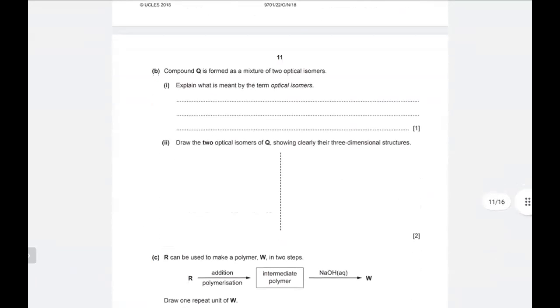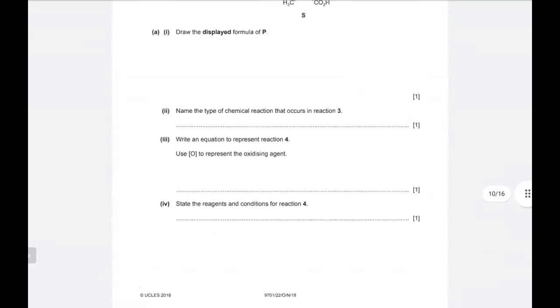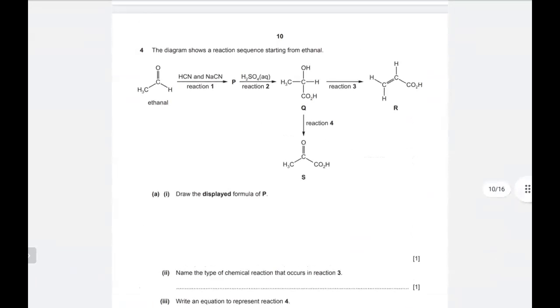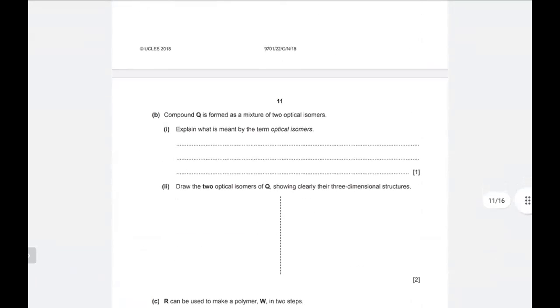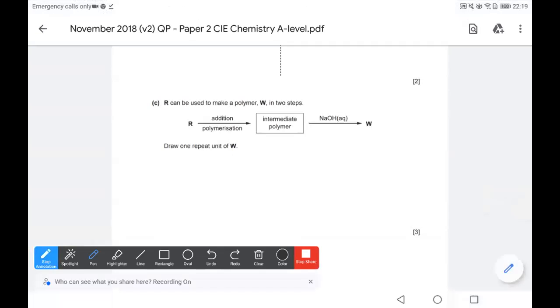So the intermediate polymer, and sodium hydroxide is added. This will be COO minus Na plus, W. The repeat unit of W will be CCH H. Here a carboxylic acid should be there, but with sodium hydroxide, the carboxylic acid becomes the carboxylate ion.